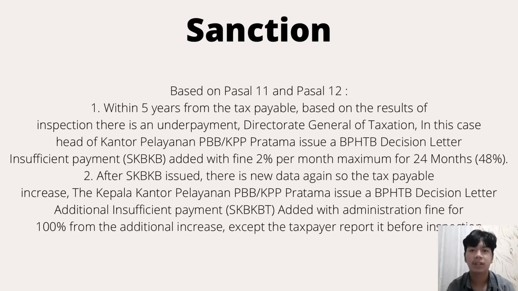And after the SKBKB is issued, if there is new data again, so the tax payable increases, the head of Kantor Pelayanan PBB or KPP Pratama will issue a BPHTB decision letter of additional insufficient payment or SKBKBT, added with an administration fine of 100% of the additional increase, except if the taxpayer reported before the inspection happens.